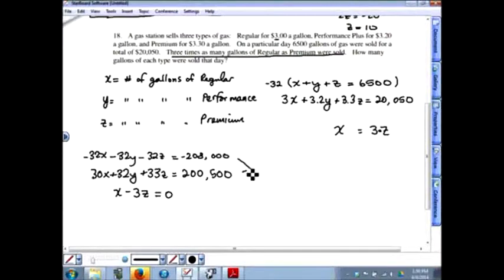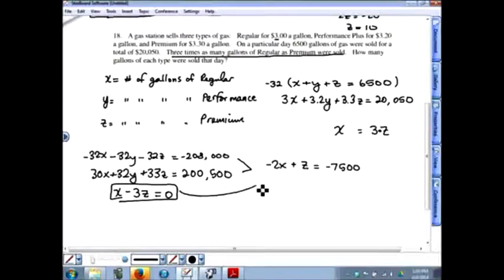So if we now add these two, the top two equations, we're going to get negative 2x plus z is equal to negative 7,500. If you now combine this equation right there, we have x minus 3z.